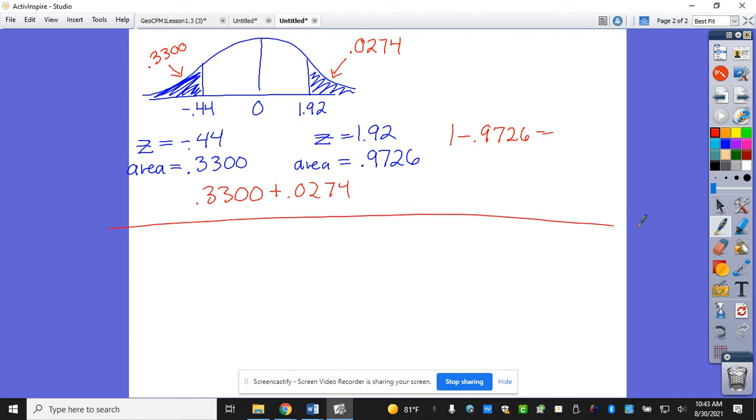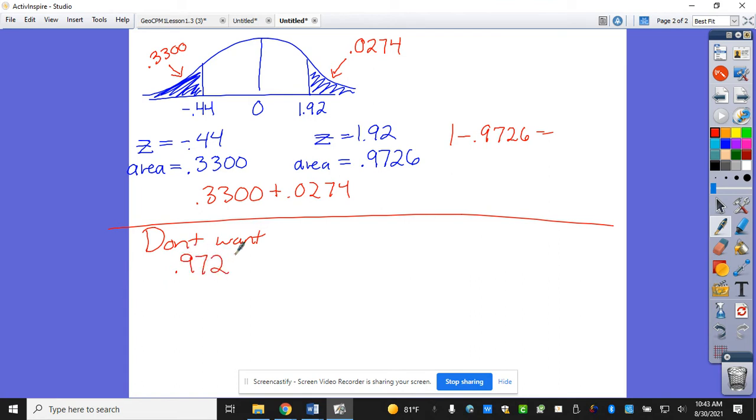The other way to do this is find what you don't want, which is this area. How do I find the area between two numbers? Bigger one minus this one.